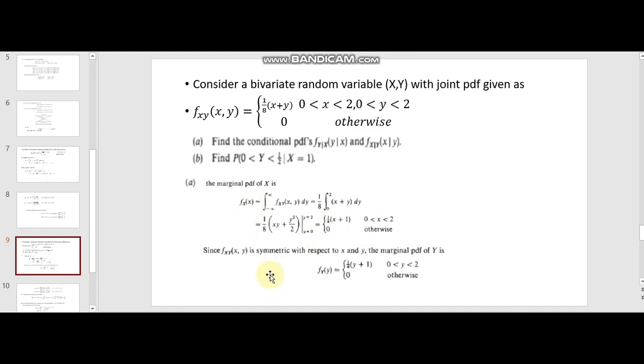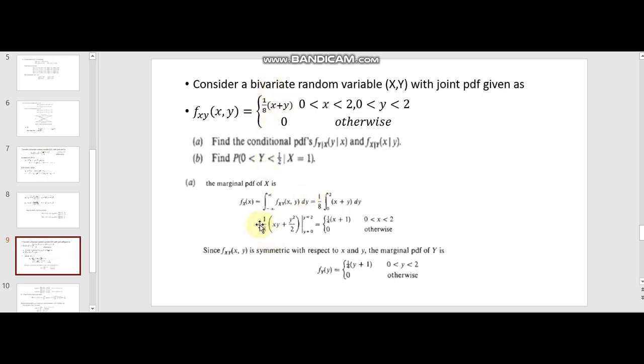Similarly, for the marginal pdf of y, I will integrate this bivariate joint pdf along the x variable.